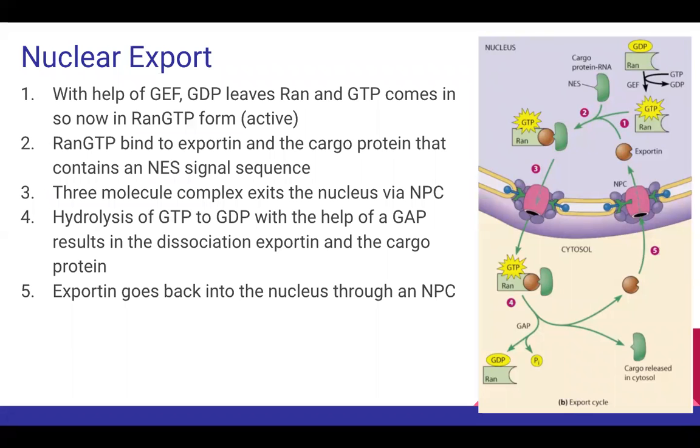So nuclear export is just the opposite of nuclear import. You have something in the nucleus, you want to get it out of the nucleus. So basically what happens is you have this RAN GTP exportin complex. Okay, yes.